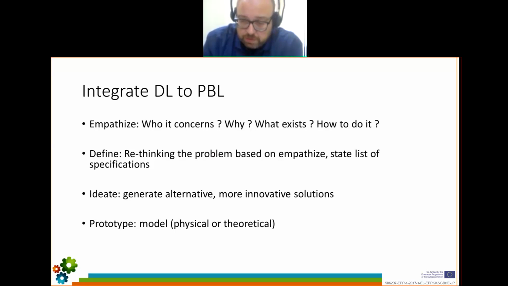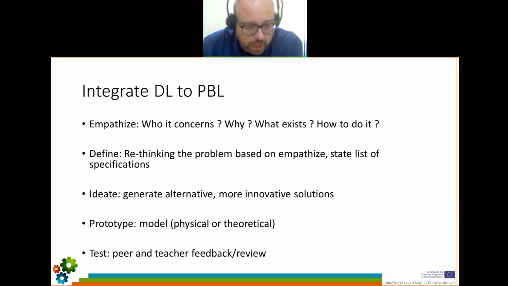Then you can prototype it as usual, either physically or theoretically. Very often in design thinking the prototype is just theoretical, basically a board with post-its. And then you can test it with peer review, peer feedback, or teacher feedback, and try to improve the whole process.